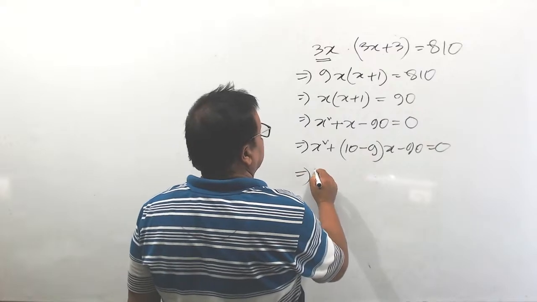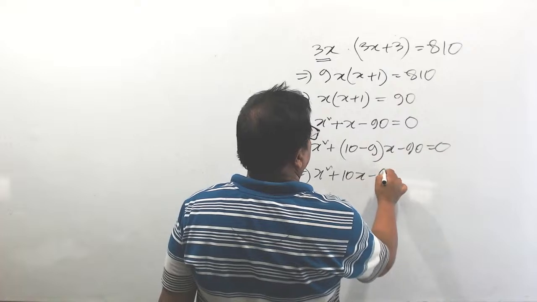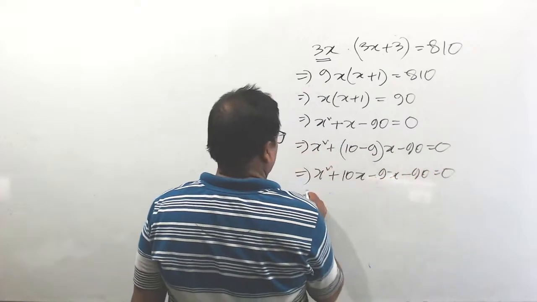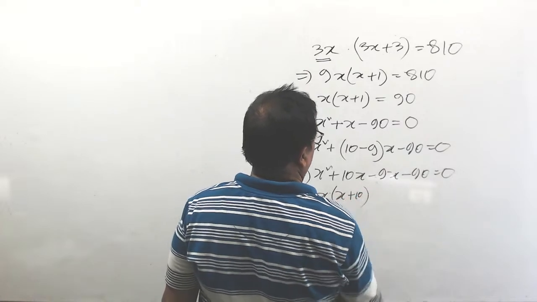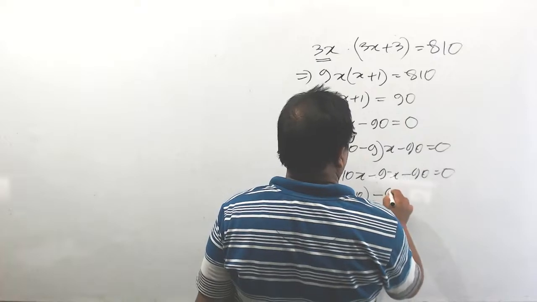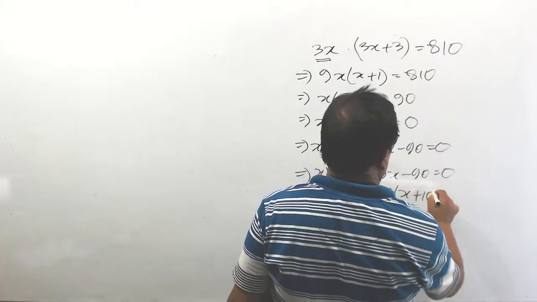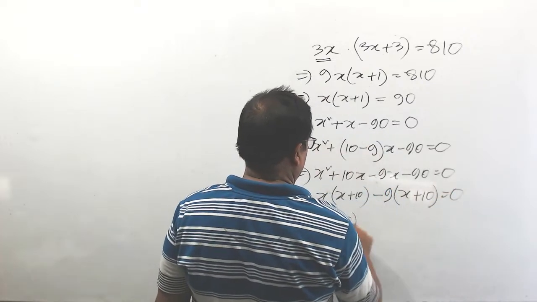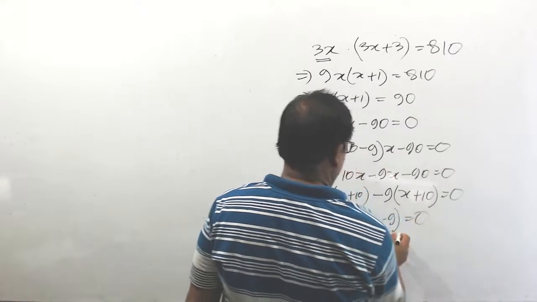This implies x square plus 10x minus 9x minus 90 equal to 0. This implies x plus 10 minus 9, take common, again x plus 10. That is x plus 10 into what? x minus 9 equals to 0.